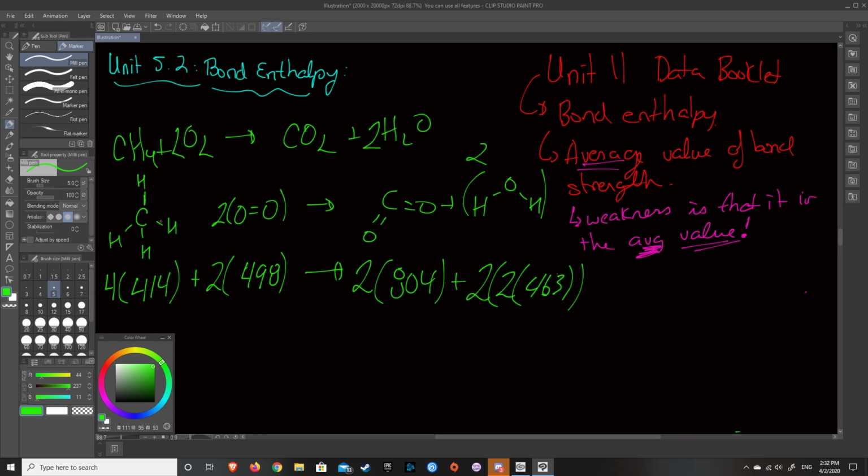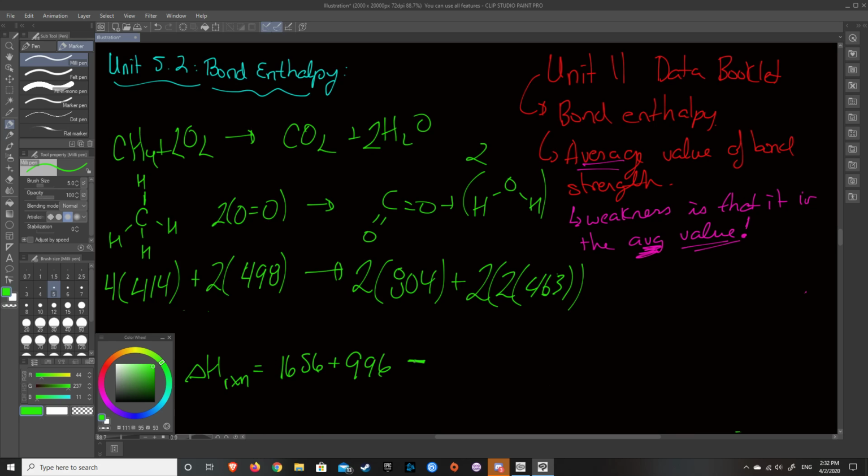These are bonds that we have to break, right? We need to break the carbon-hydrogen bonds into individual atoms. This is the energy we have to put in. So delta H of the reaction is, let's do this math. 4 times 414 is 1656. 1656 plus 2 times 498, which is 996. Those are the bonds that we have to break.